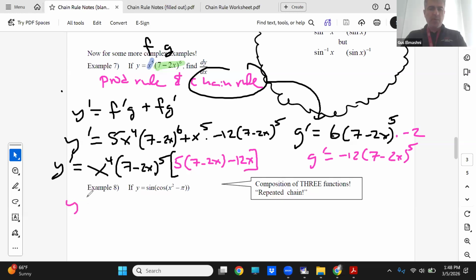And you can clean up just a tad more. 35 minus 22x, I think. Is that right? Yeah.